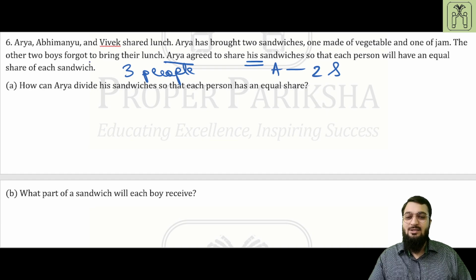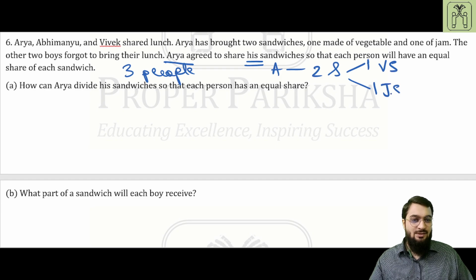The first part: when you divide one sandwich that is made up of vegetable, you can write VS, and the other, one JS, jam sandwich.